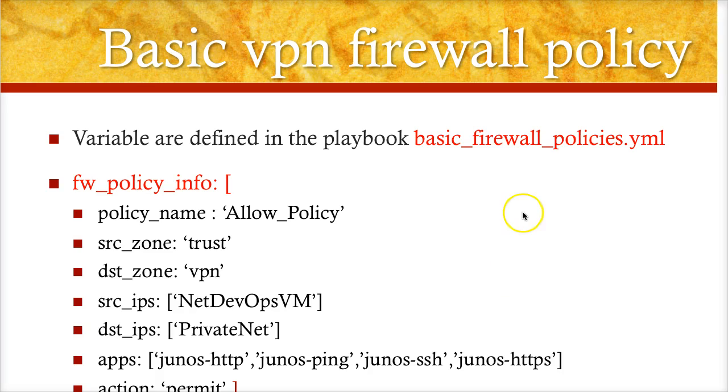If you recall, we need to define the variables in our playbook. So in our playbook, this should be the VPN firewall policy, and we change the zone information, the source IP address, and then the application information.